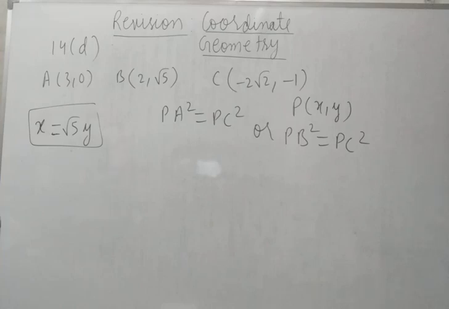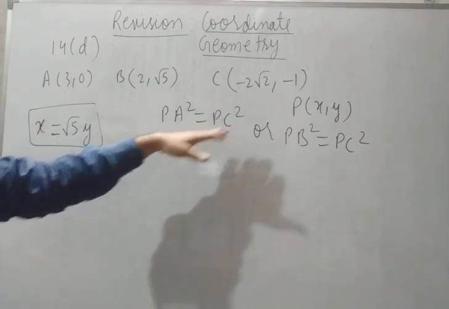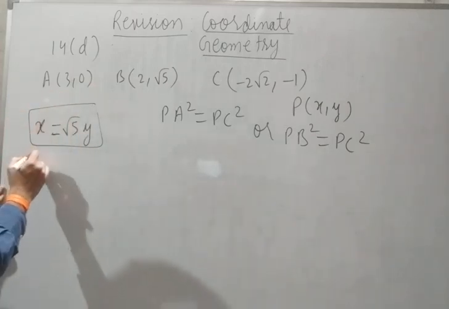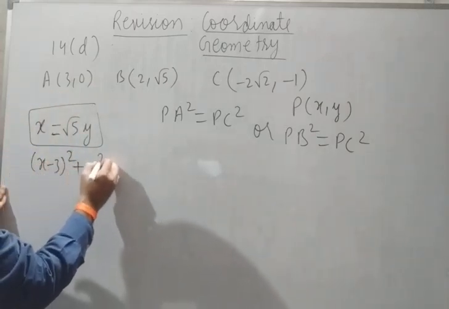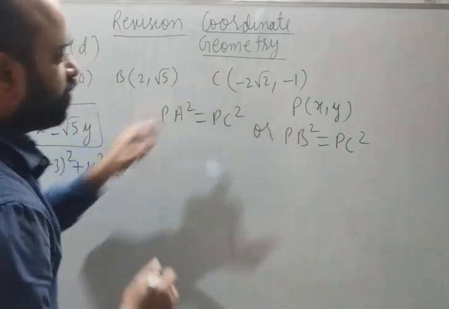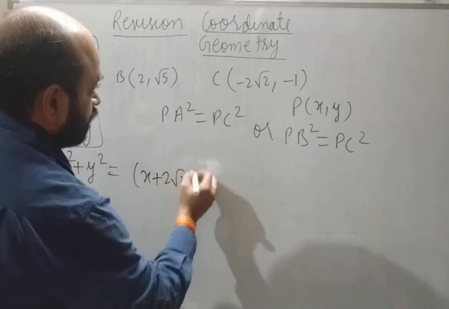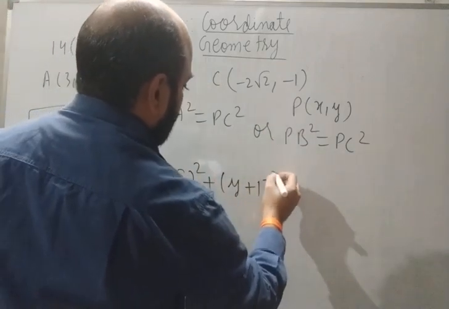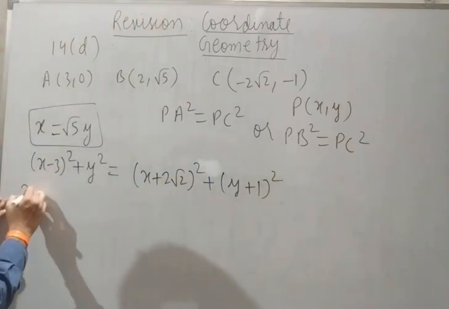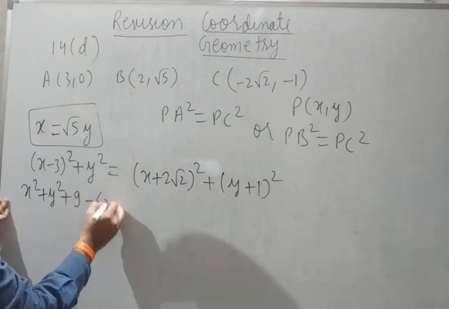Next, for the second equation we are taking PA square is equal to PC square. So PA square will be again the same, x minus 3 whole square plus y square. Now PC square will be x minus minus, that is x plus 2 root 2 whole square, y minus minus, that is y plus 1 whole square. Okay, so this will give x square plus y square plus 9 minus 6x.